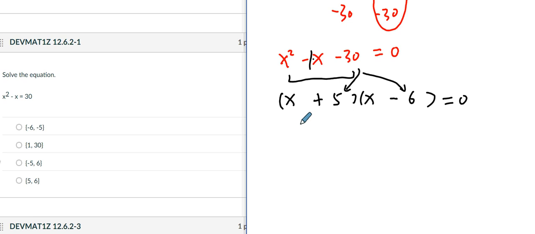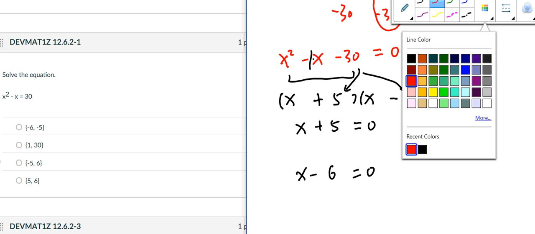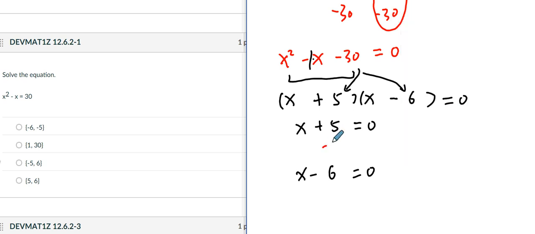In more detail, you should have x plus 5 is 0, x minus 6 is 0. And then you do minus 5 on both sides, here plus 6 on both sides.